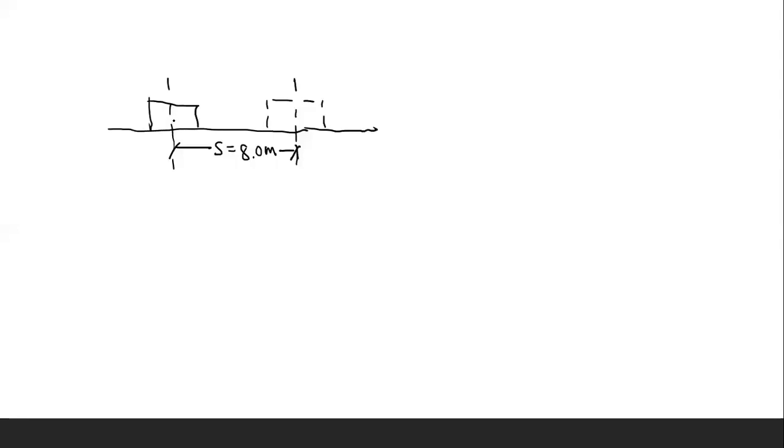The given mass of the box is 20 kilograms, and mu k, the coefficient of frictional force, is 0.4.